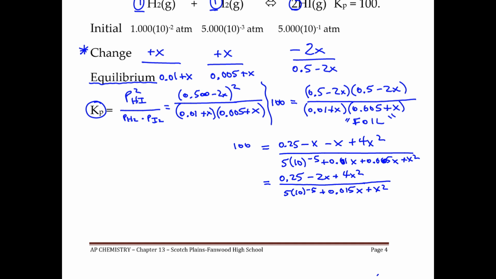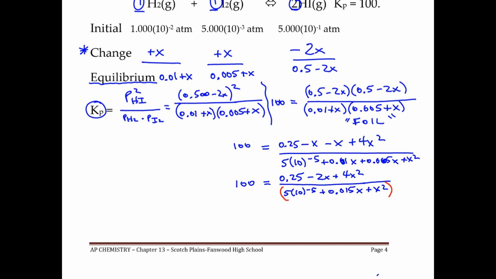You combined the 0.01x and the 0.005x. That makes 0.015x. Okay, and that still equals 100 on the left side. And now you're going to need to multiply this whole thing on both sides. All right, so that is going to get multiplied by 100 on the left side.